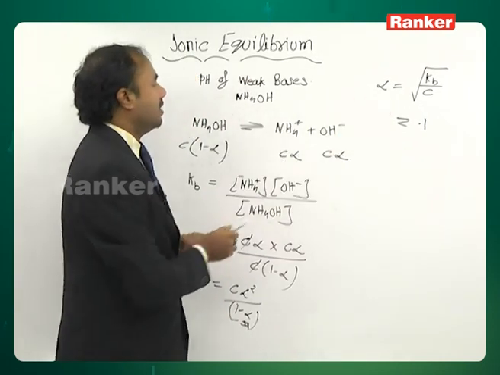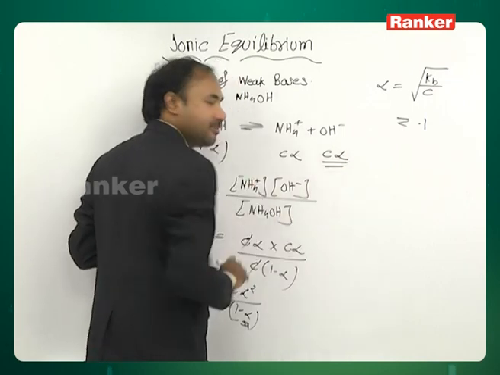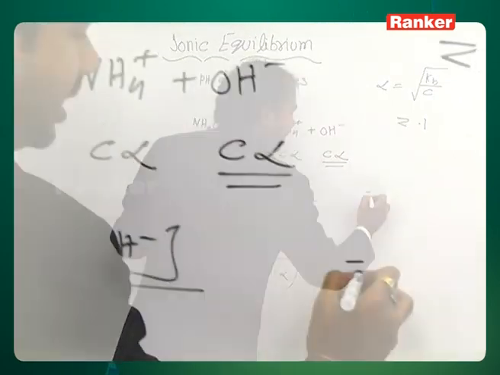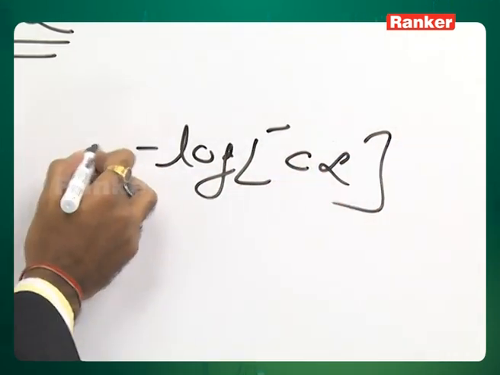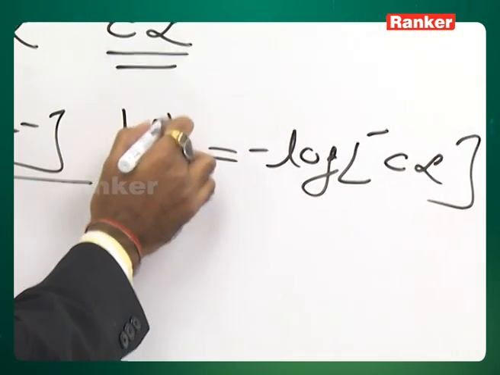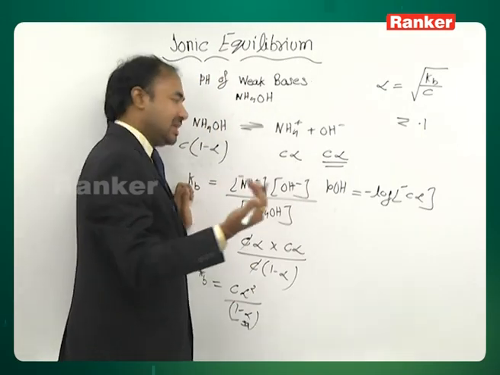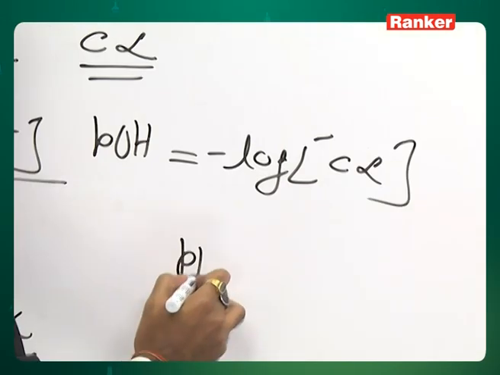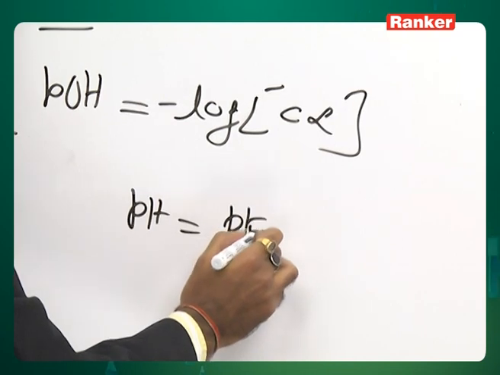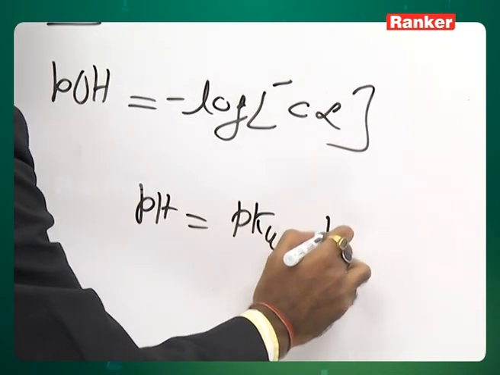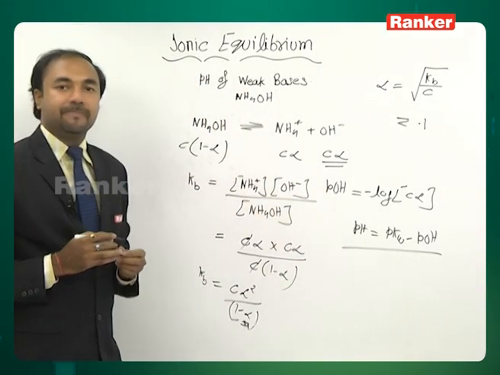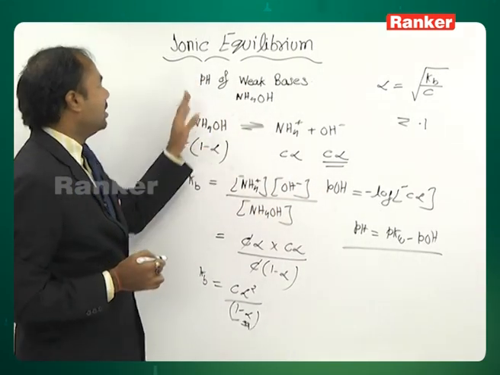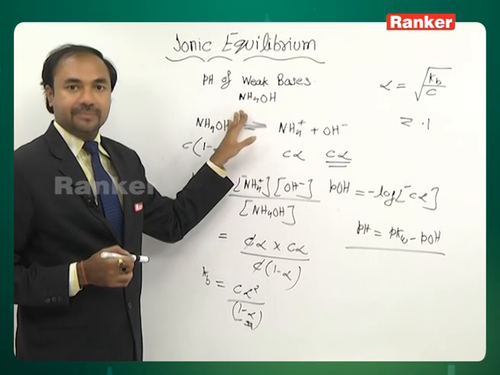Same thing we do, we multiply this by C, we get C alpha, and minus log of C alpha is going to give you pOH. Subtract from pKw, minus pOH will give you pH of this solution.